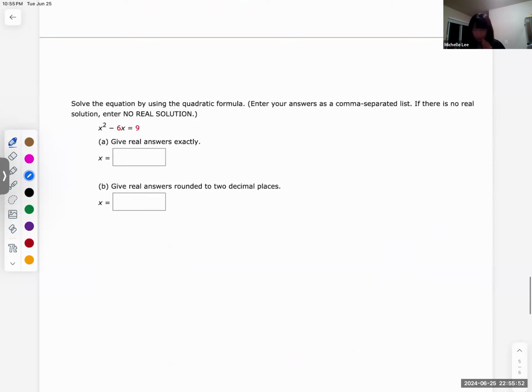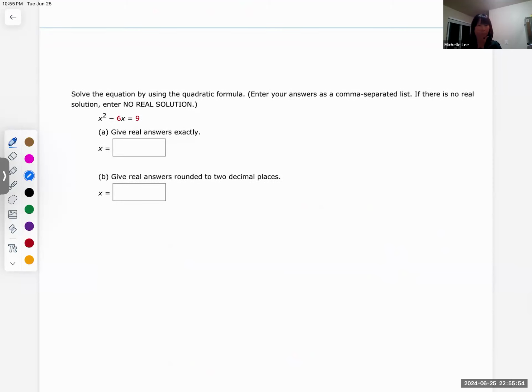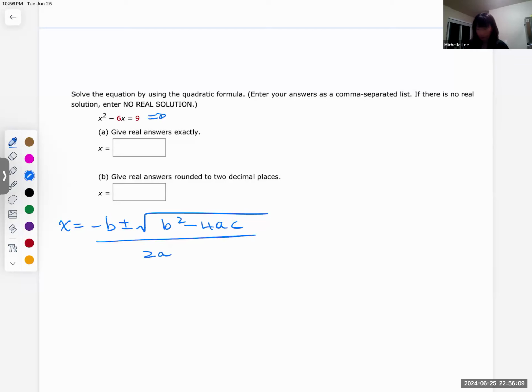We have this equation. Okay, a lot of work, quadratic formula. So x equals minus b plus minus the square root of b squared minus 4ac over 2a. So in that case, we say x squared minus 6x minus 9 equal to 0. So we have a, b, c.